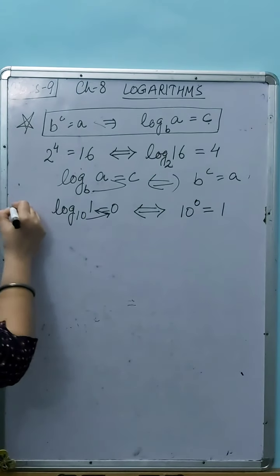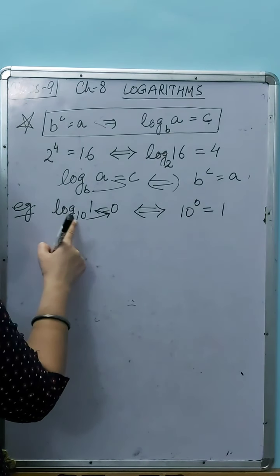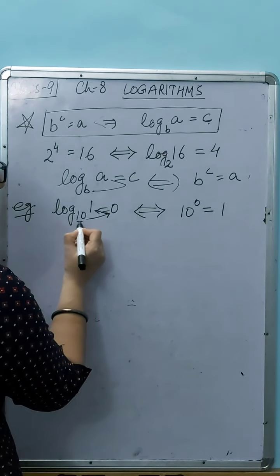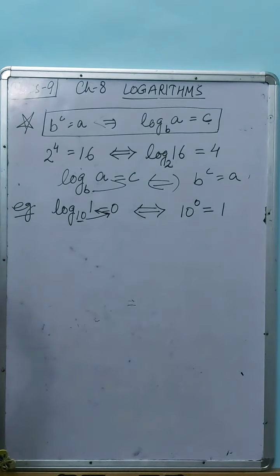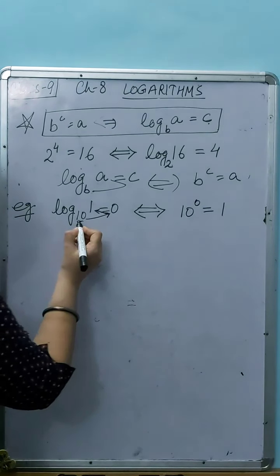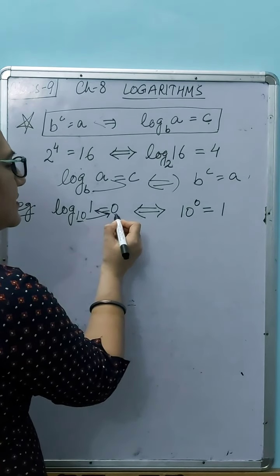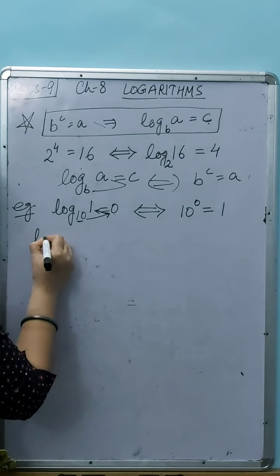I have written an example over here. Log base 10 of 1 is 0. So what will be the term? The first term is 10. For writing in exponential form, we will start from 10: 10 raised to power 0 is equal to 1. Let's take another example.